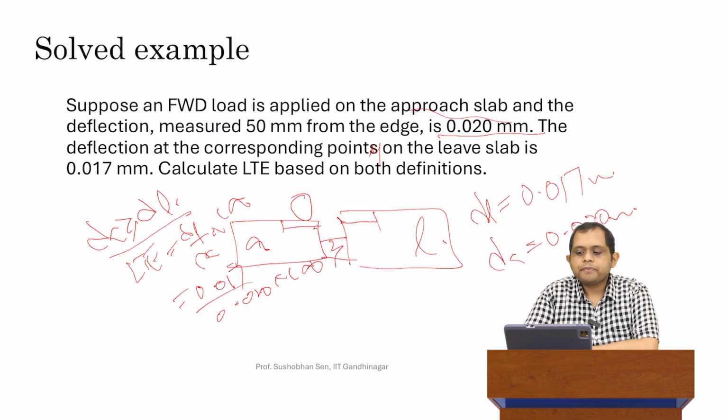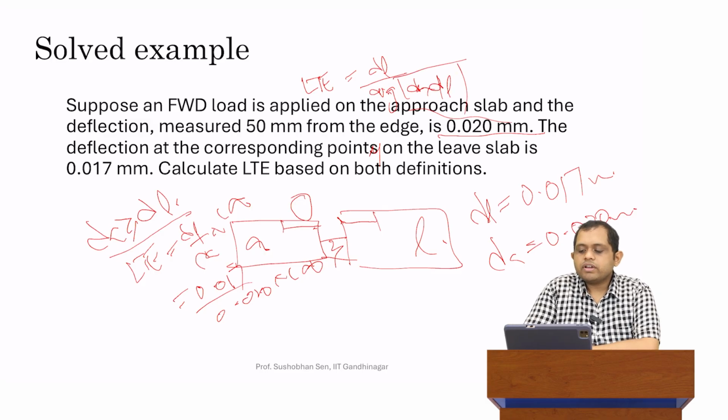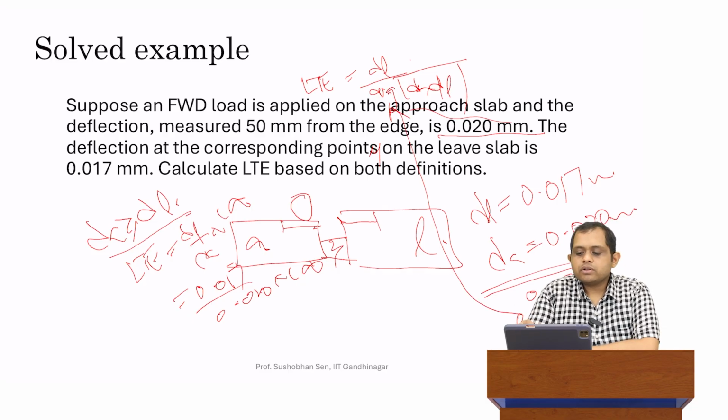The second definition of LTE is DL over the average of DA and DL. So we have to calculate the average of these two first. That's going to be 0.017 plus 0.02 divided by 2. We'll do that calculation, and then that's plugged into this value where DL is 0.017.